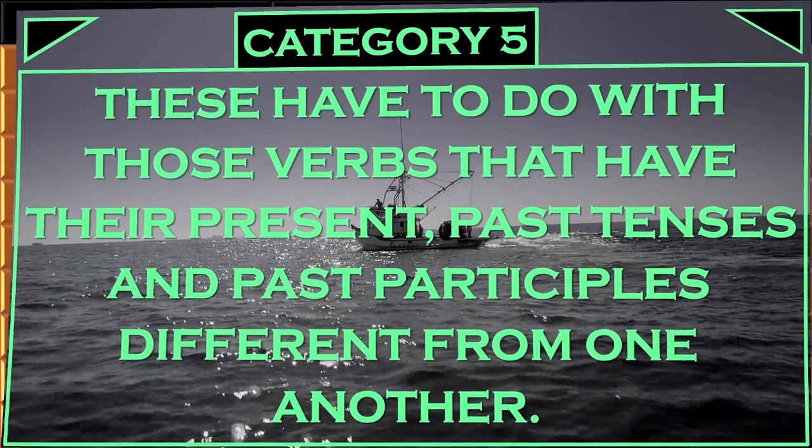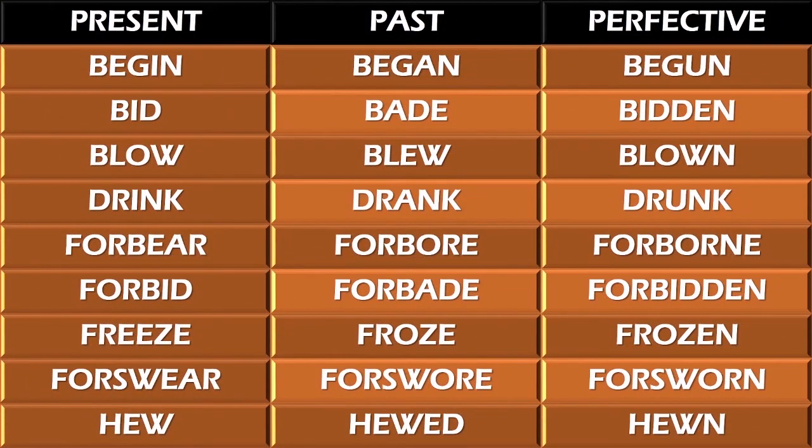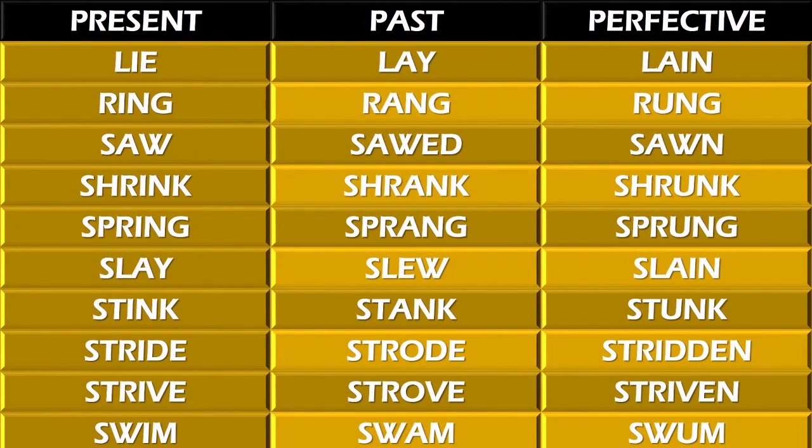We have examples like begin, began, begun; bid, bade, bidden; blow, blew, blown; drink, drank, drunk; forbear, forbore, forborne; forbid, forbade, forbidden; freeze, froze, frozen; forswear, forswore, forsworn; hew, hewed, hewn; lie, lay, lain; ring, rang, rung; saw, sawed, sawn; shrink, shrank, shrunk; spring, sprang, sprung; slay, slew, slain; stink, stank, stunk; stride, strode, stridden; strive, strove, striven; swim, swam, swum.